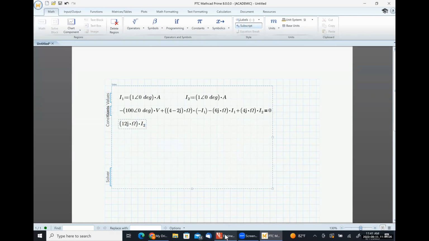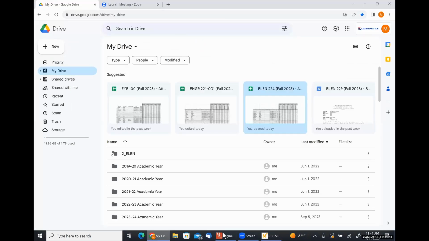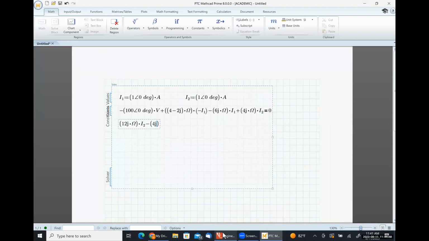Actually, hit me with them as they come up. Yeah. So 12J ohms times I2. J ohms times I1. Times I2.